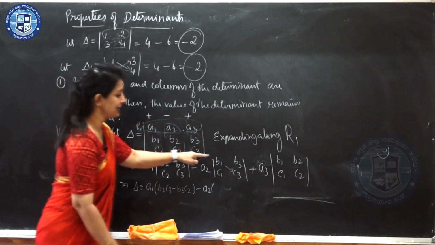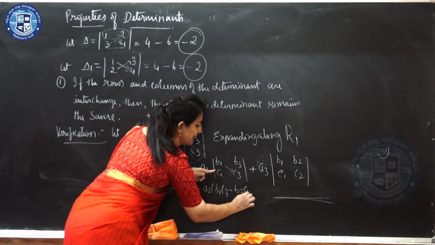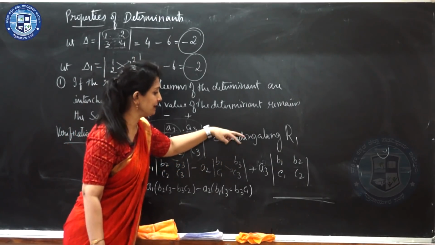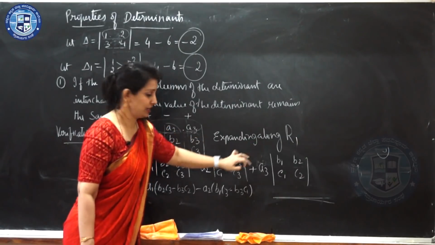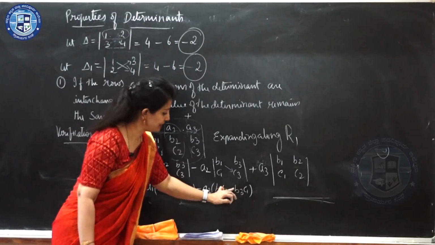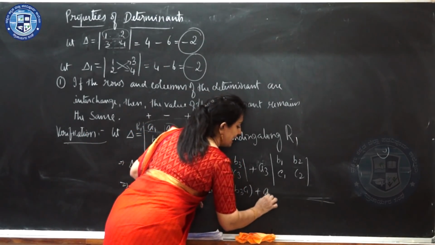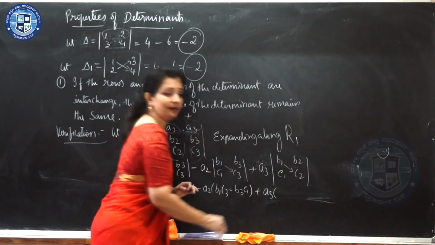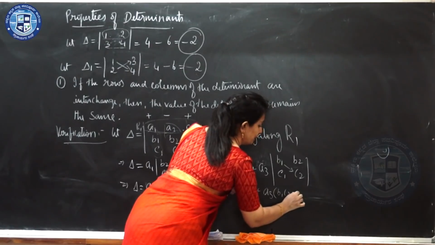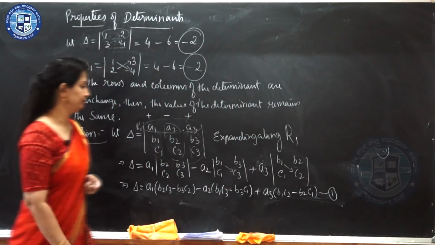When you cross multiply, it is B1 C3 minus B3 C1. Usually we take it in a cyclic manner of A, B, C. If it is C1 B3, instead of that we write B3 C1, B after that C. Plus the next one, A3 into, cross multiply, B1 C2 minus B2 C1. Take this as first equation.